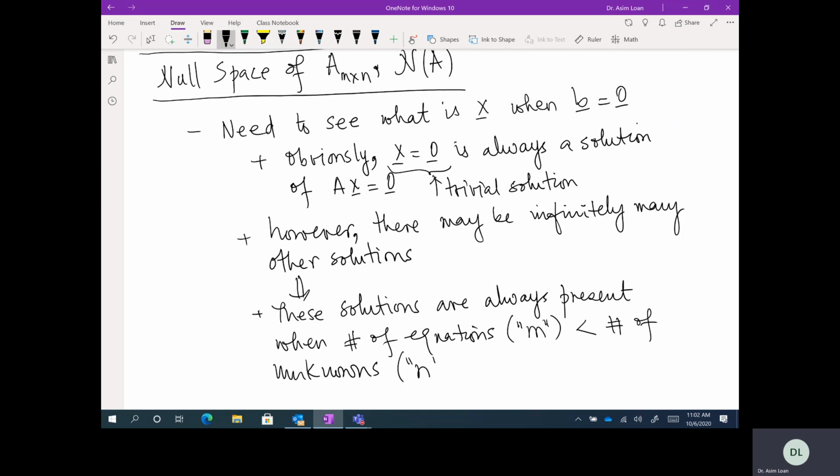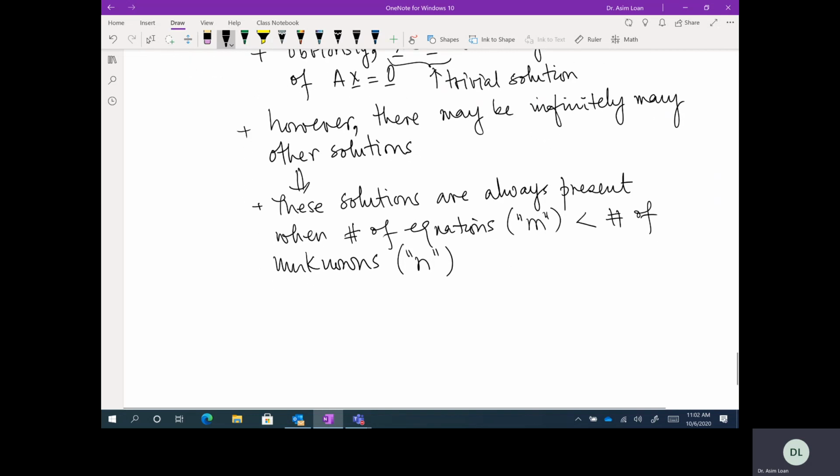The unknowns are the elements of x, and obviously x is n by 1, and the number of equations is m, because A is m by n.